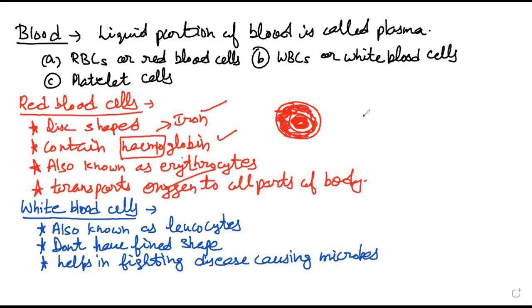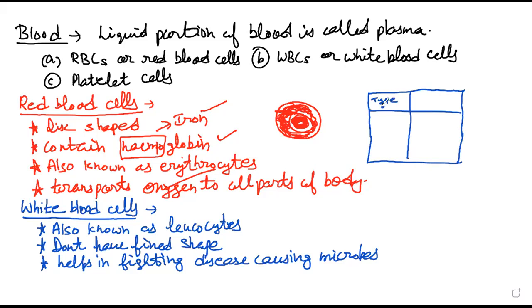Okay, dear children, here I'm making a table with which you can note down the number. Here is the type of cell, and here is the number of cells. RBC are 5 to 6 million.